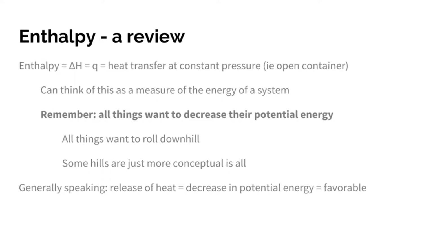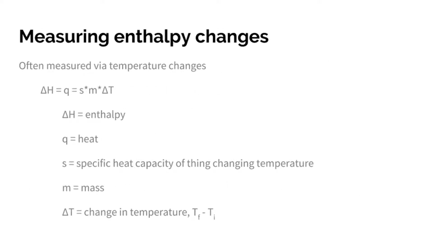So when it comes to enthalpy, the release of heat from a system is a decrease in potential energy, and that is usually favorable. Well, that's always favorable. The problem is it's not the entire story. Now, continuing our review of enthalpy, we usually, not always, measure it through changes in temperature.